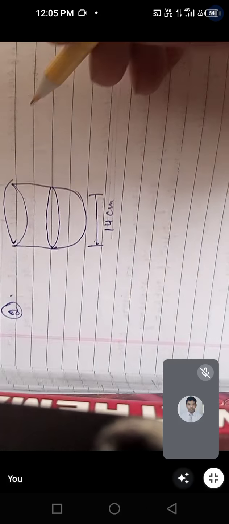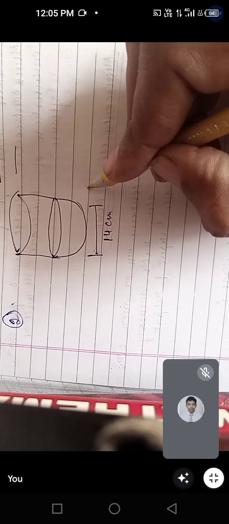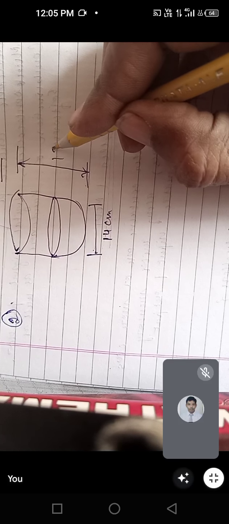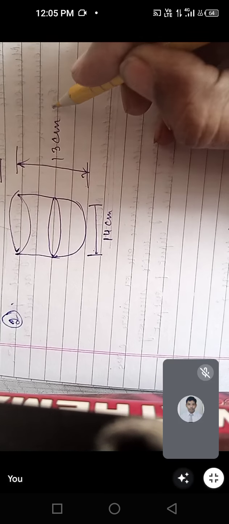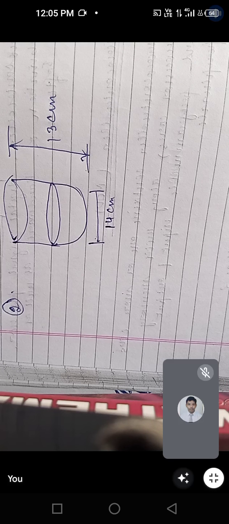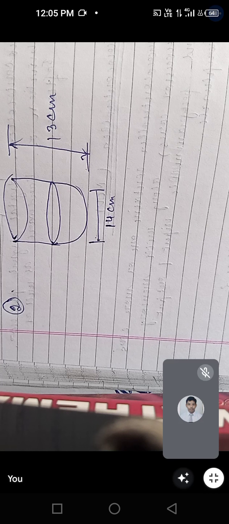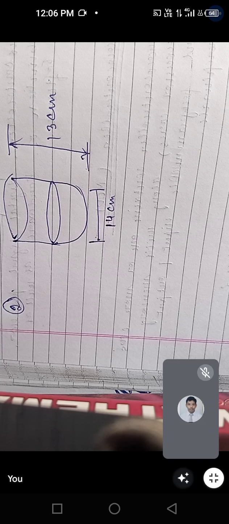And the total height of this vessel, from here to here, is 13 centimeters. Got it? Is the question clear? And then you are asked to find the surface area of the vessel.